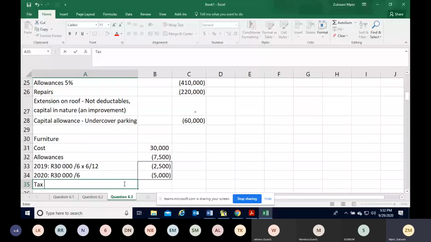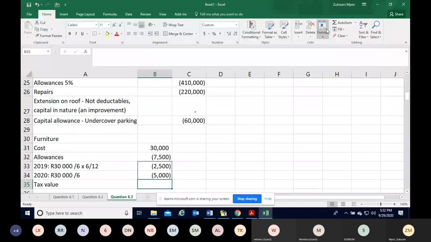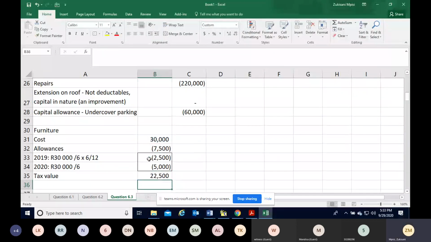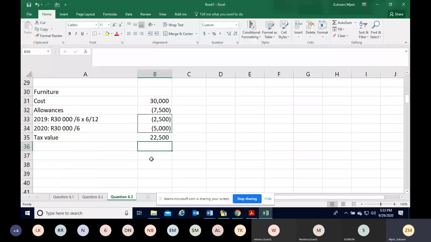Then your tax value becomes 30,000 minus 7,500, which is 22,500.